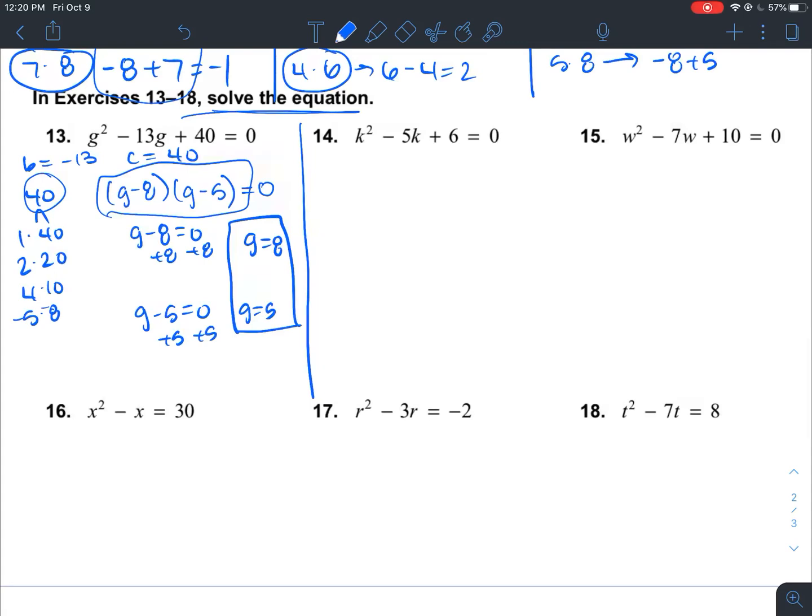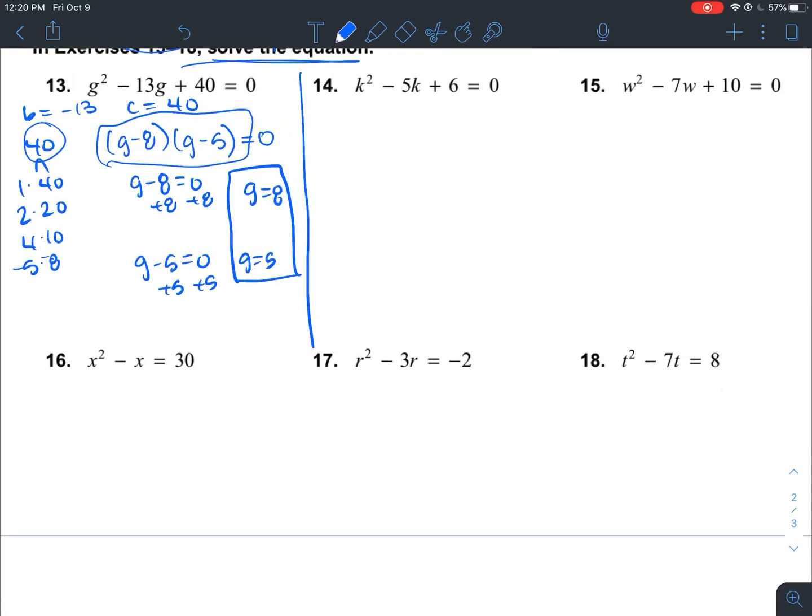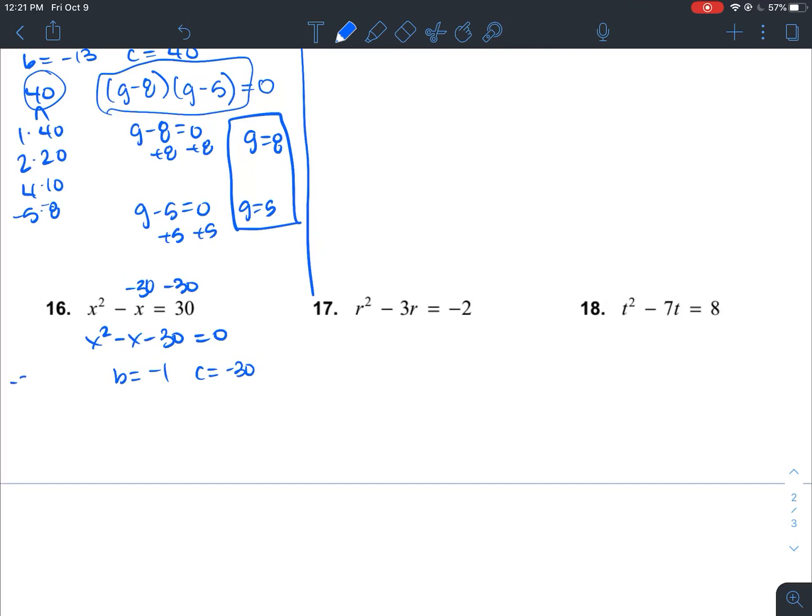Let's go to 16. Right here we have x squared minus x equal to 30. Now we want this to be equal to 0, so subtract the 30 from both sides. So now I have x squared minus x minus 30 equals 0, where b is equal to negative 1, c is equal to negative 30. So take negative 30 and list the factors.